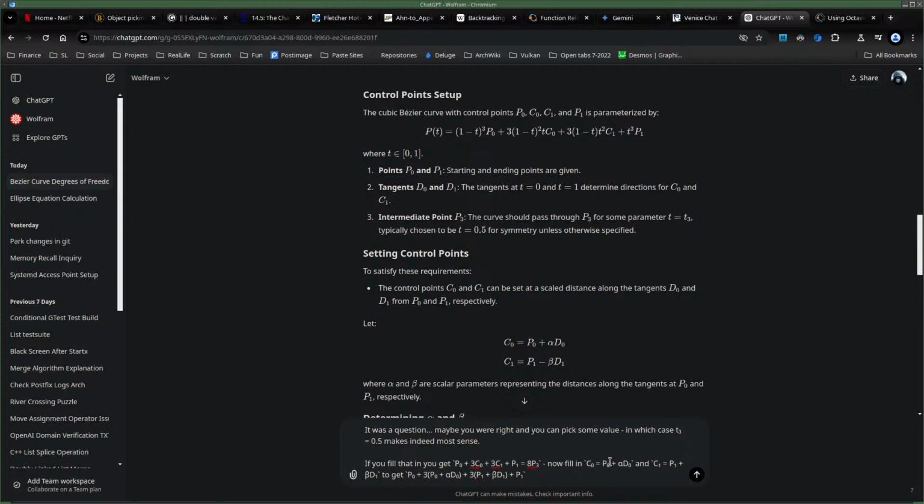C0 is P0 plus alpha D0. Plus 3 times C1, or C1 is P1 plus beta times D1. Plus P1. Equals 8 times P3.